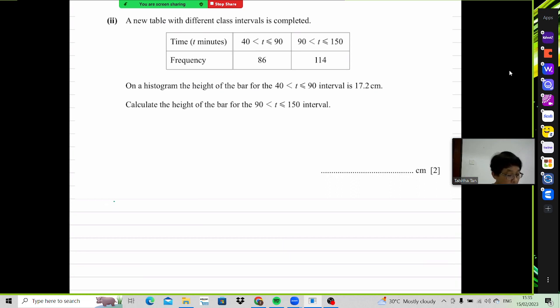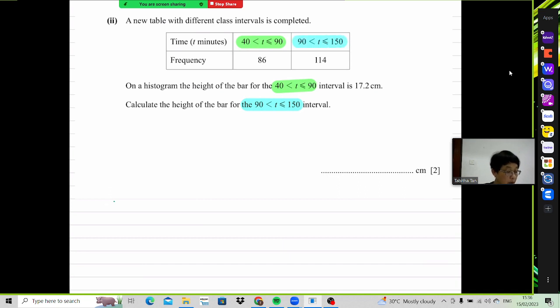On a histogram, the height of the bar for time between 40 to 90 is 17.2 centimeters. So this bar is represented by 17.2, and the question says calculate the height of the bar for the time 90 to 150.